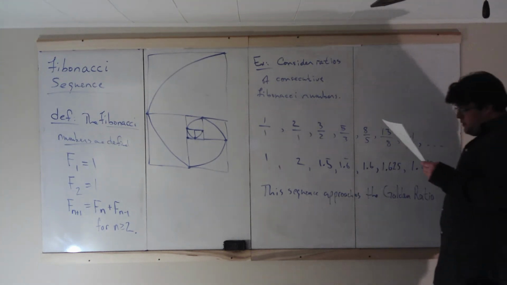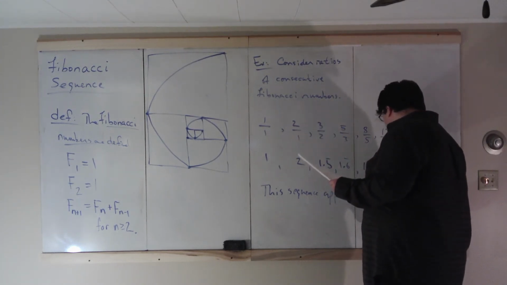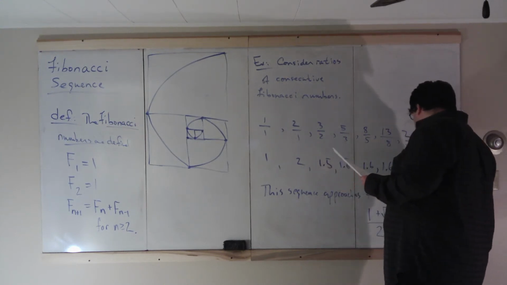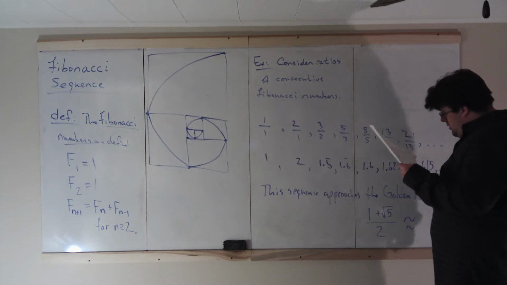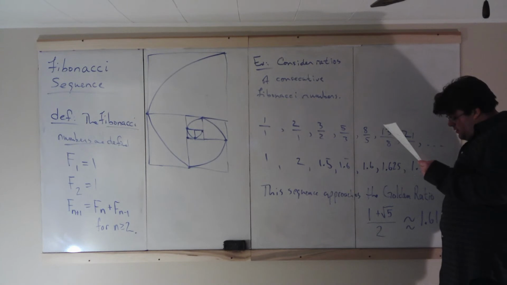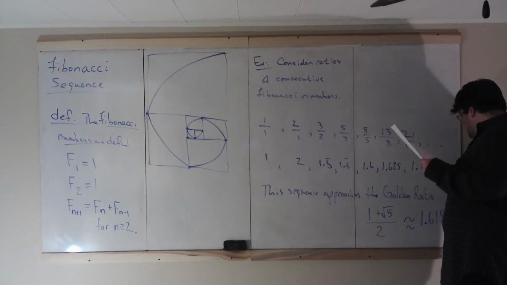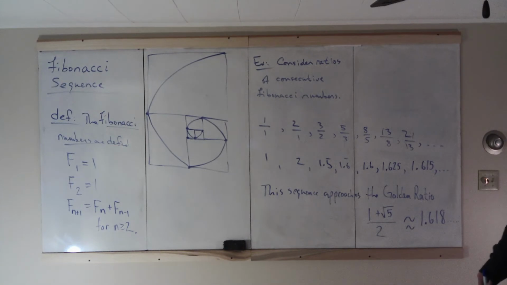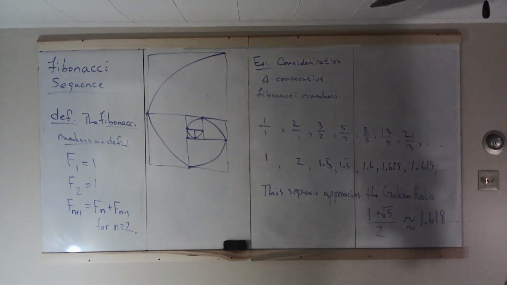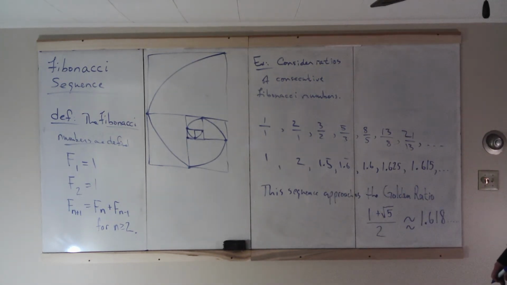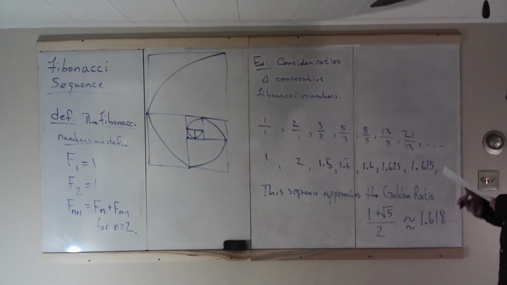And what is this golden ratio? 1 plus root 5 over 2, which is approximately equal to 1.618. It just keeps going, so it's an irrational number. It doesn't have a finite decimal expansion. Golden ratio, 1 plus root 5 over 2. Maybe I'll write that.